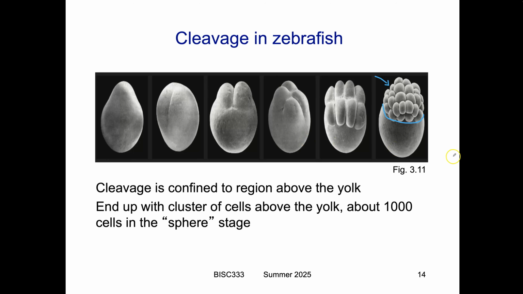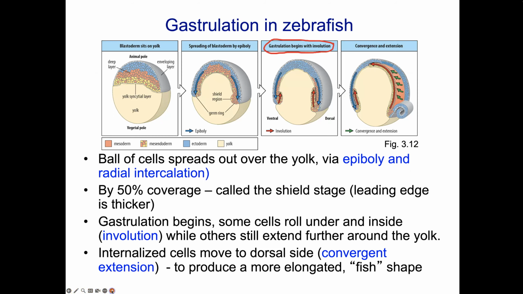There's not much growth at this stage. But that sphere stage is when you have about 1,000 cells or so floating above the yolk. So this is a schematic of the blastoderm.